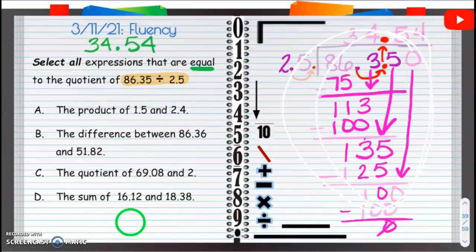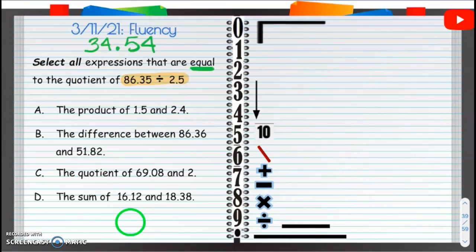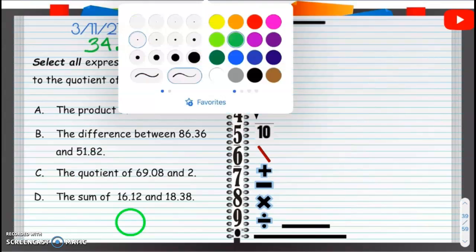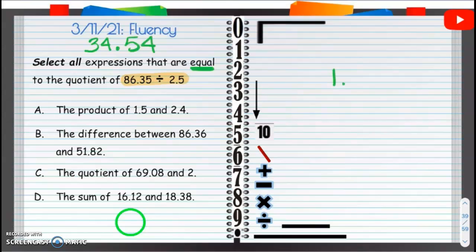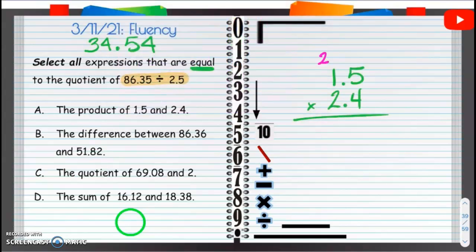So now let's take a look. The first one, the product: if we multiply 1 and 5 tenths times 2 and 4 tenths. 4 times 5 is going to be 20. 4 times 1 is 4 plus 2, 6.